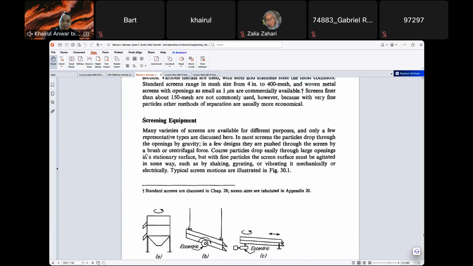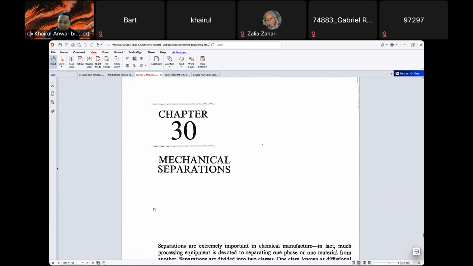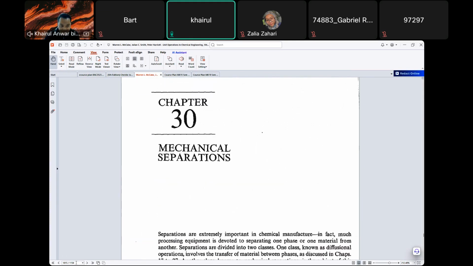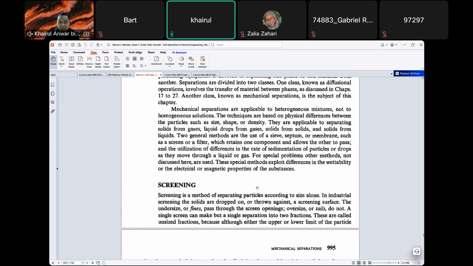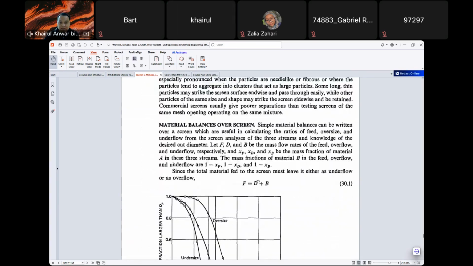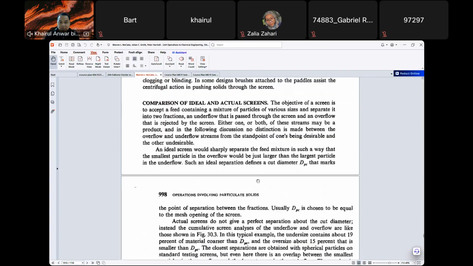Book 1, book 2, chapter 30. In PDF, it's page 1015. Okay, see, you see the top there.